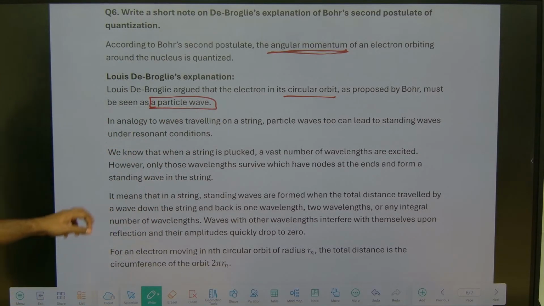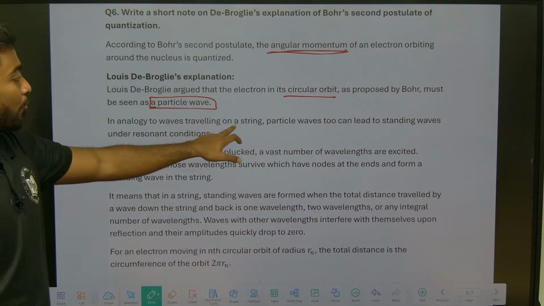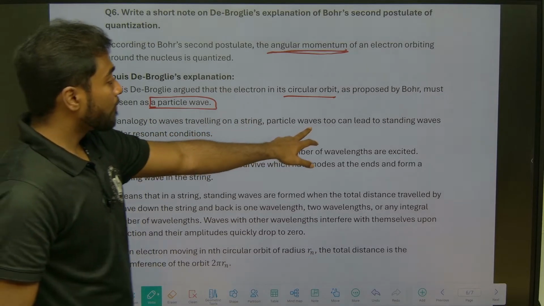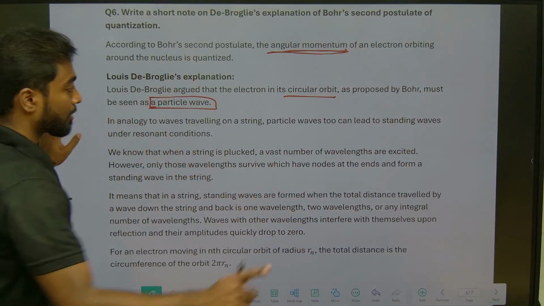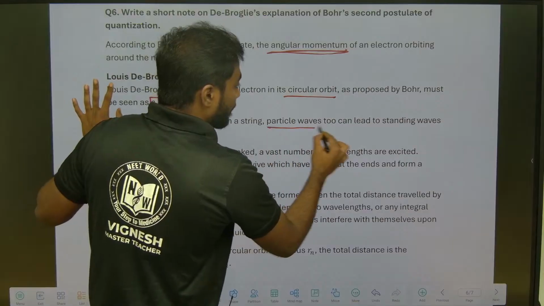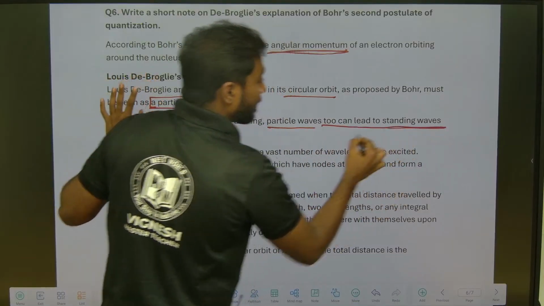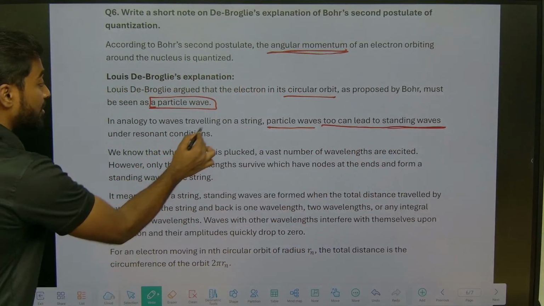In analogy to a wave traveling on a string, particle waves too can lead to a standing wave under resonant condition.